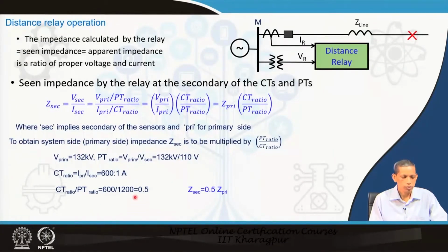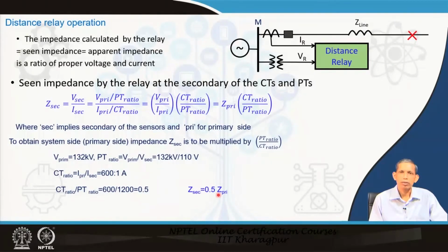So, this gives 0.5. That means Z secondary will be equal to 0.5 Z primary. Z primary corresponds to the system level of impedance, the actual impedance that will be seen during the fault, the fault loop impedance. So, Z primary divided by 2 will be Z secondary in such a scenario.